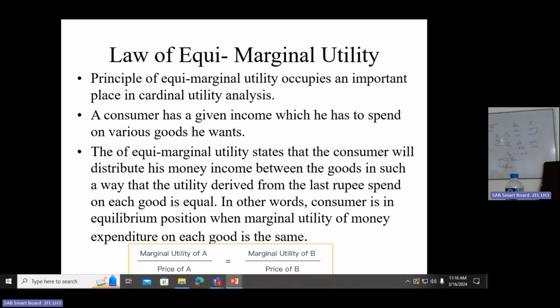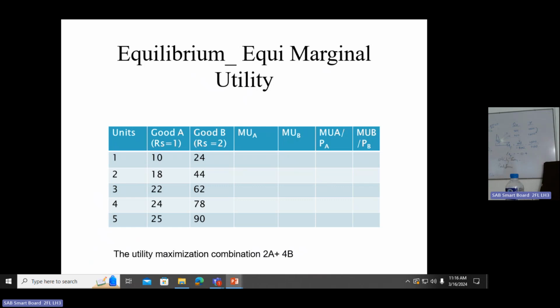For an example, I have given this table. Now, the two conditions are there. What are the conditions?